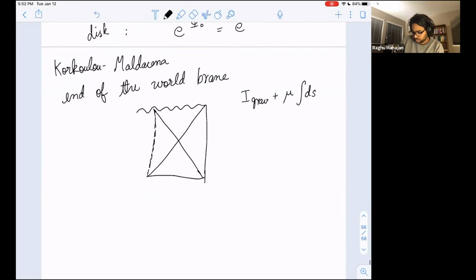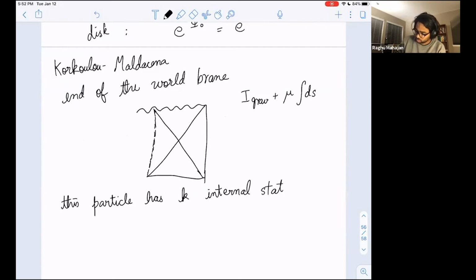And so we assume that this particle inside has k possible states. It could be like a spin 1,000 particle. If it has spin 1,000, it has an m quantum number, which can take 2001 values.